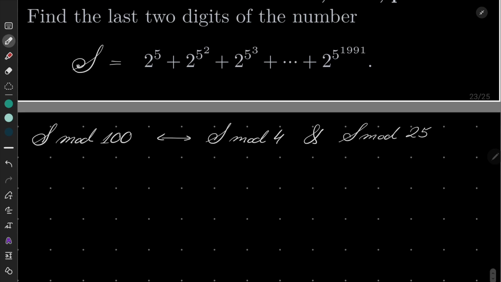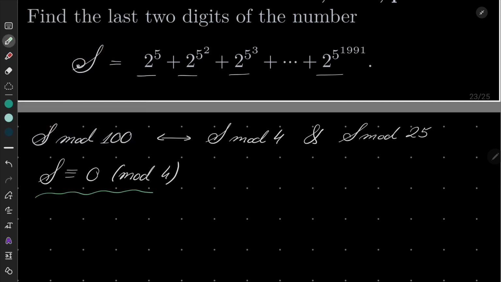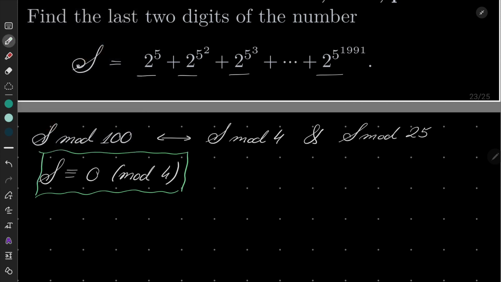The first part is easy because S is congruent to 0 modulo 4, and it is obvious. Why? Because every number in this sum is divisible by 4. So this congruence is obvious.